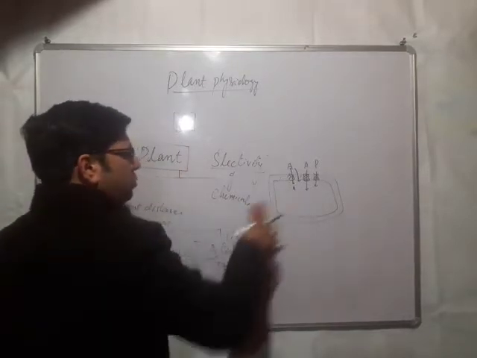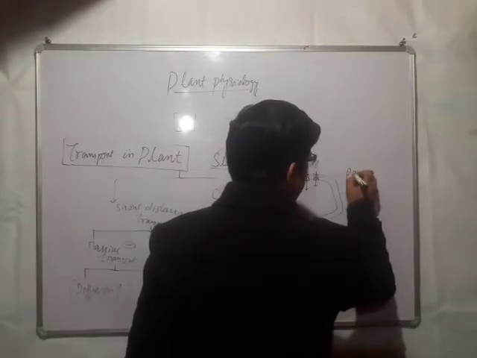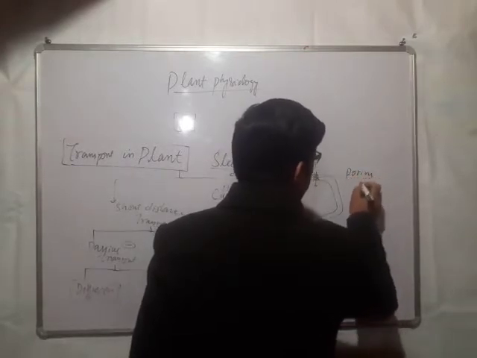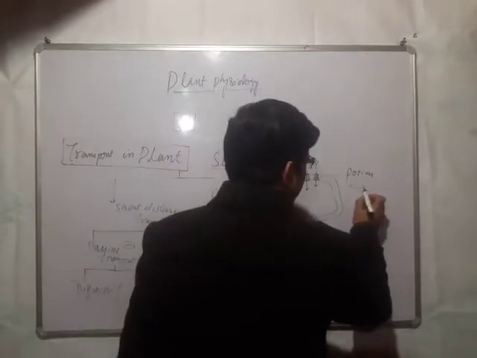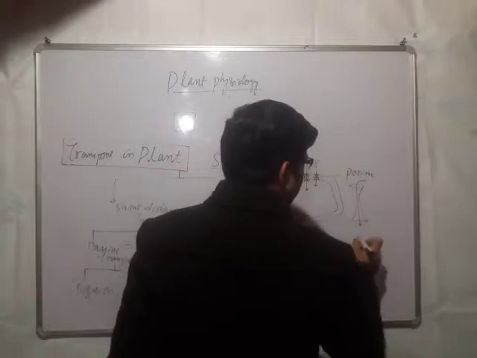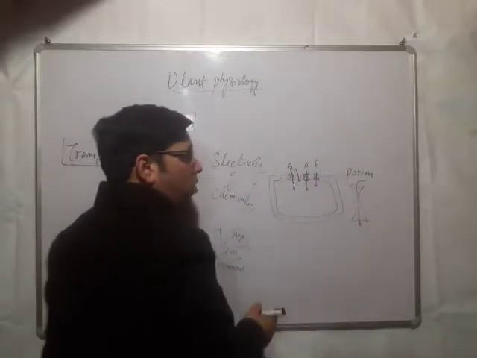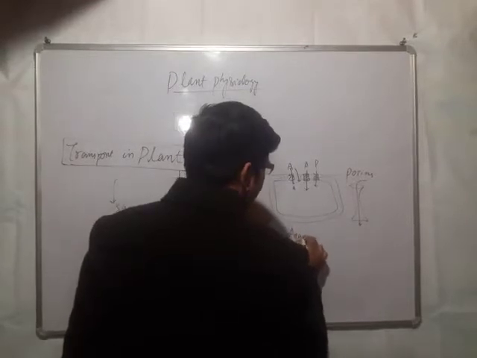Now these proteins have some important categories: porins. Porin proteins have a channel inside them and allow entry of a particular chemical. There are also water channels, which are called aquaporins, because aqua means water.